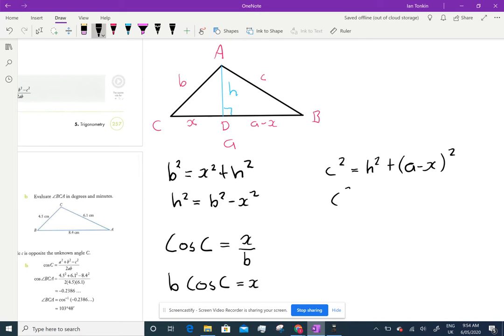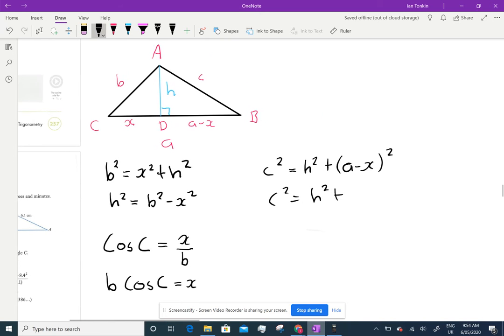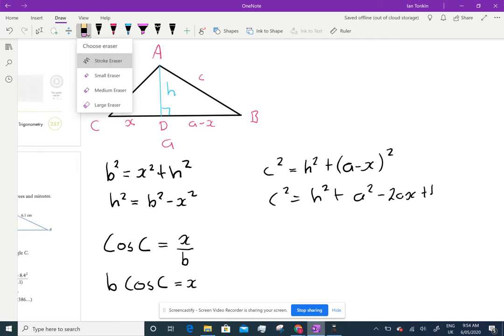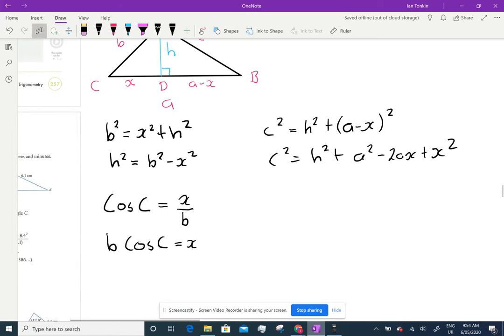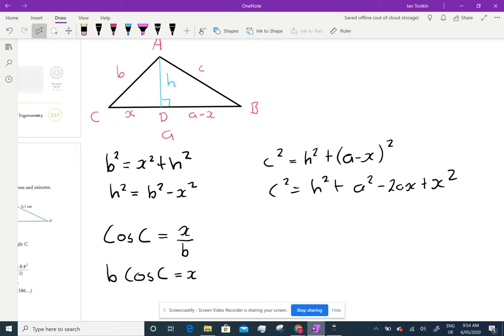So c squared equals h squared plus, let's expand this, a squared minus 2ax plus x squared. Now, this is what I'm going to use because I want to find c squared.